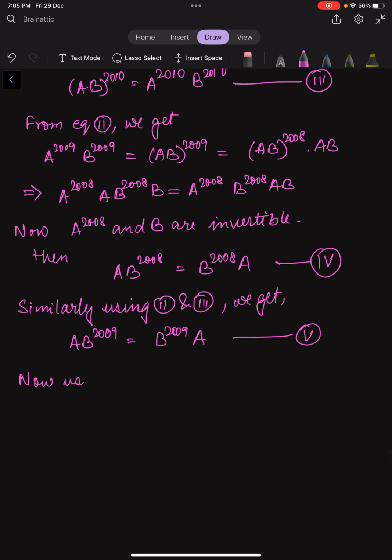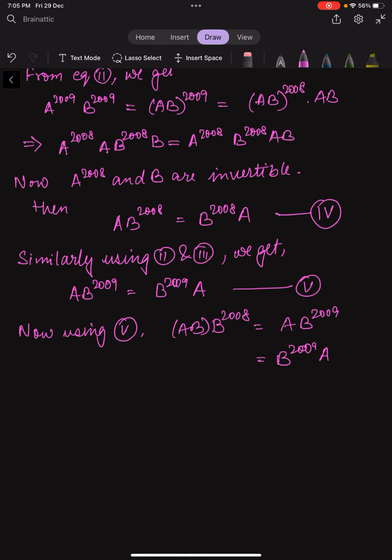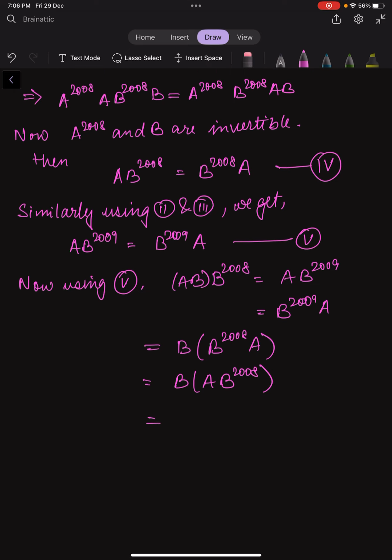Now using 5, A B^2009 is equal to B^2009 A, which is equal to B into B^2008 A, which is B into A B^2008, which is finally BA into B^2008.